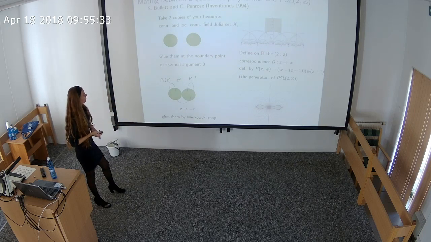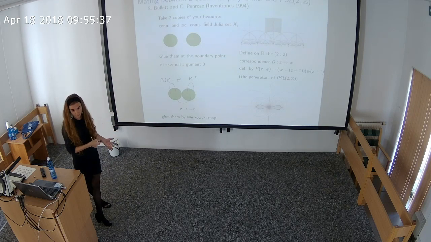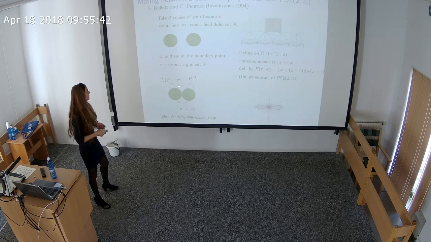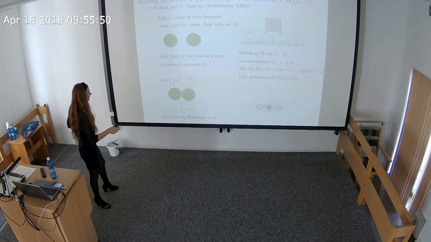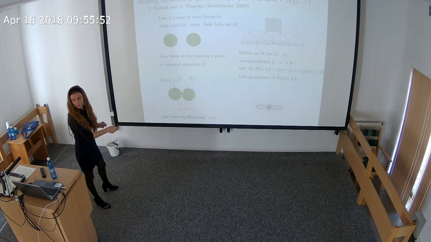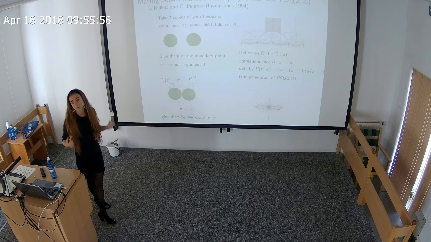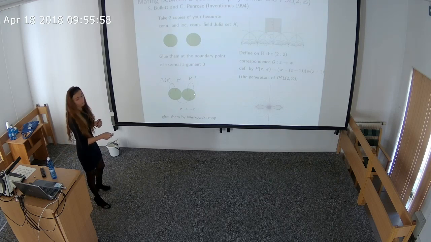And you define on the union of these two sets a 2-2 correspondence in the following way. You put the dynamics of your polynomial on the left Fatou-Julia set and the dynamics of the inverse of your polynomial on the right Fatou-Julia set.